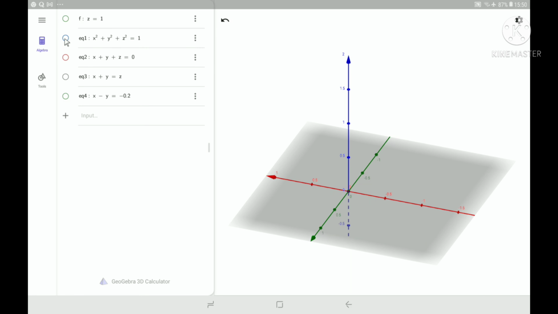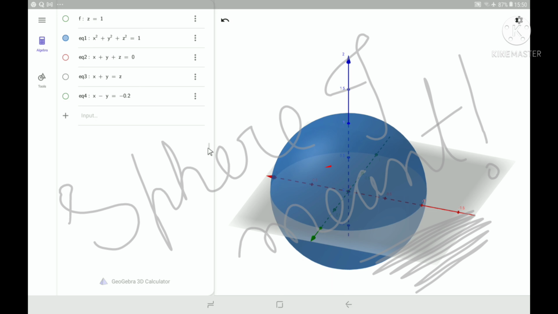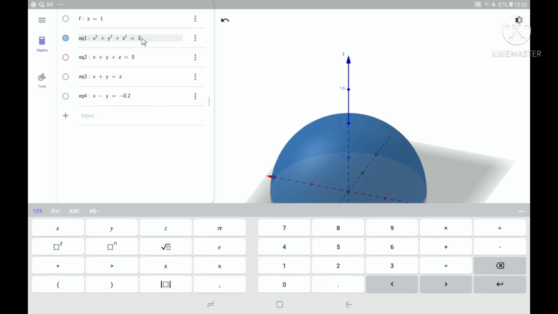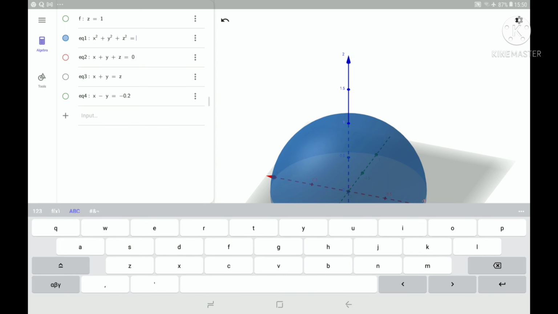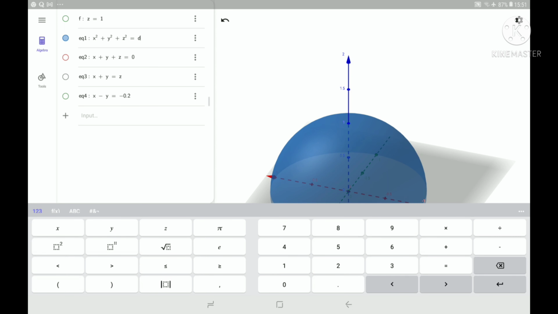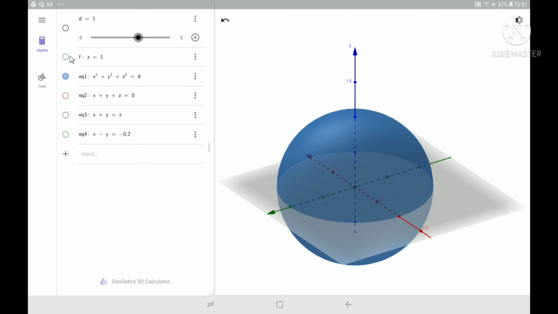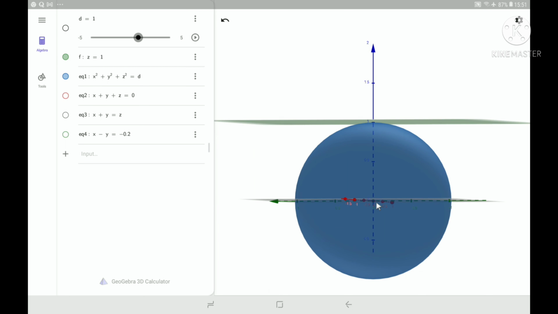I have introduced a circle, and this would be D, where D is the distance between the point charge and the plane, the perpendicular distance to be precise. So as I vary D, I vary the distance between a particular plane and the point charge.